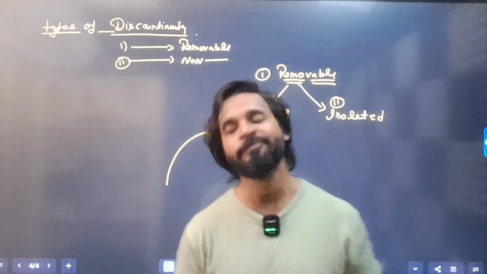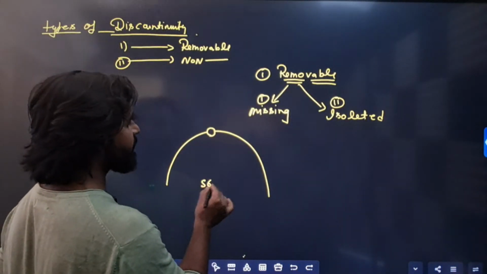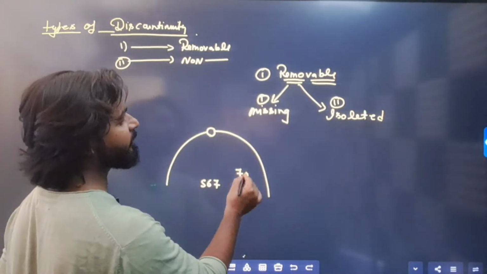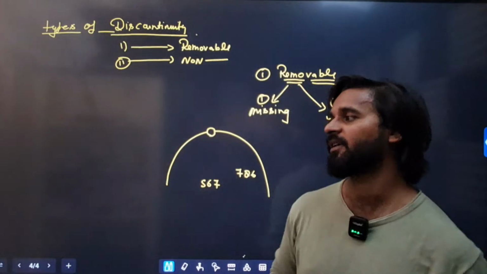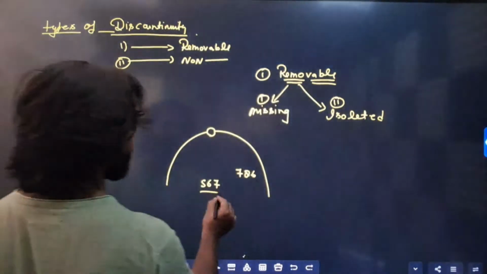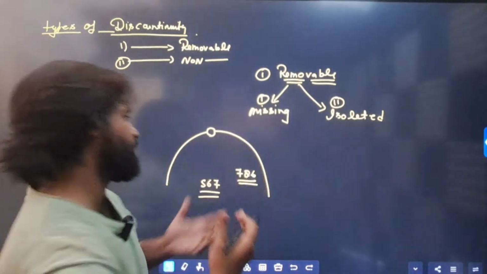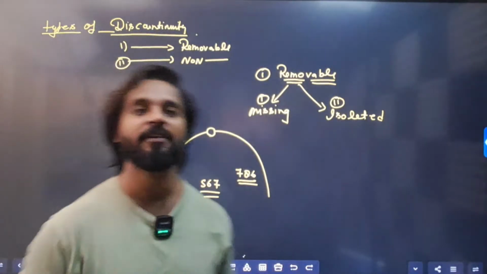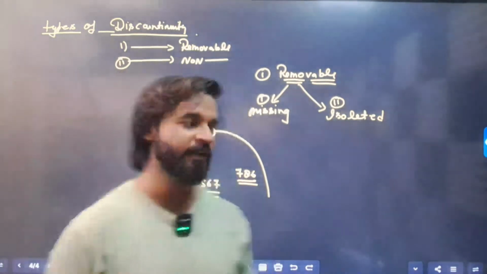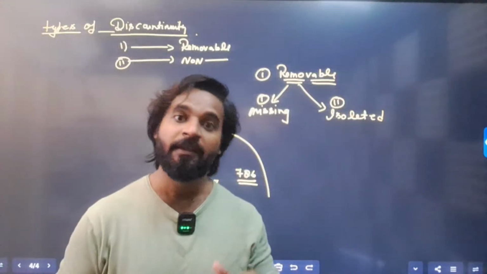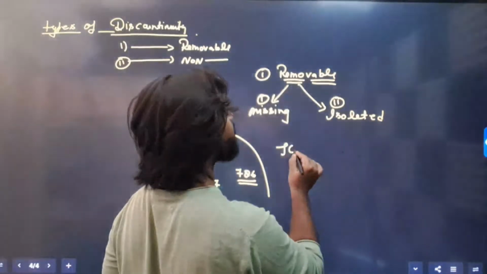It means imagine 567 and 786 are missing, okay. So when you wake up in the morning and you find them missing, same in mathematics, I am taking just an example.